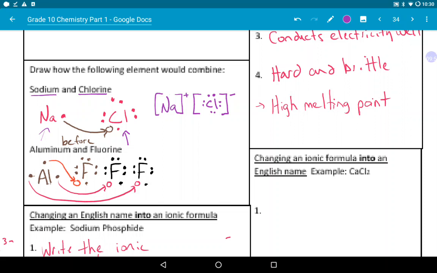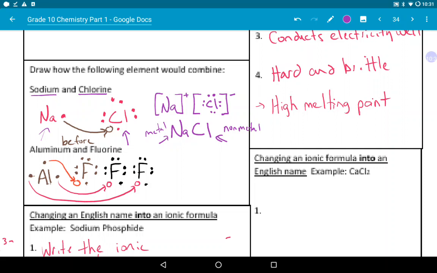So one sodium fits with one chlorine perfectly. Anytime there's a 1, we don't write the 1. We just say sodium, and the chlorine comes next. The metal is always written first in the formula, and then the nonmetal is written after.